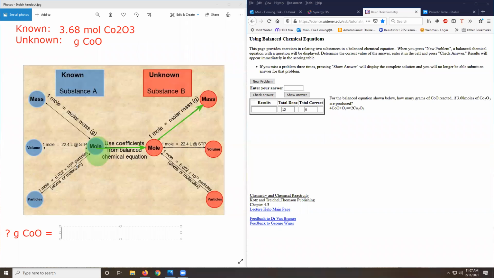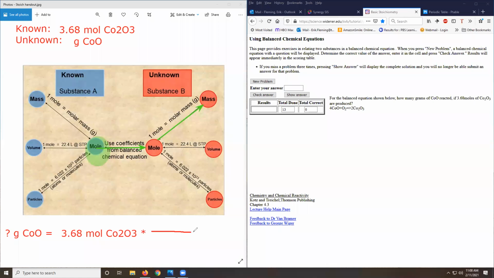We start with the 3.68 moles of Co2O3 and then multiply, and we will make one line for that.